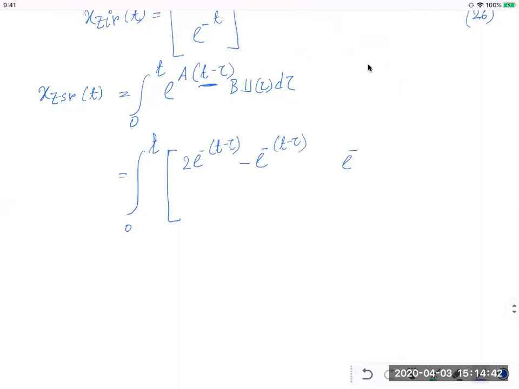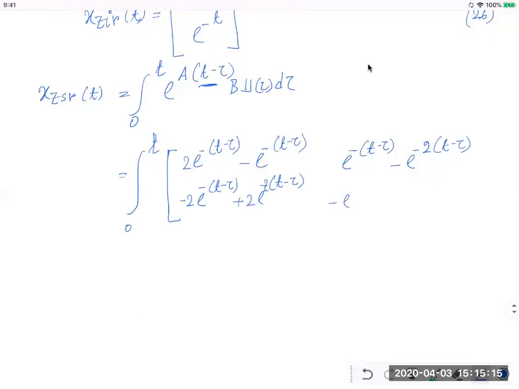Second element is e to the power minus (t minus tau) minus e to the power minus 2(t minus tau). First element of row 2, 2 e to the power minus (t minus tau) plus 2 e to the power minus 2(t minus tau).